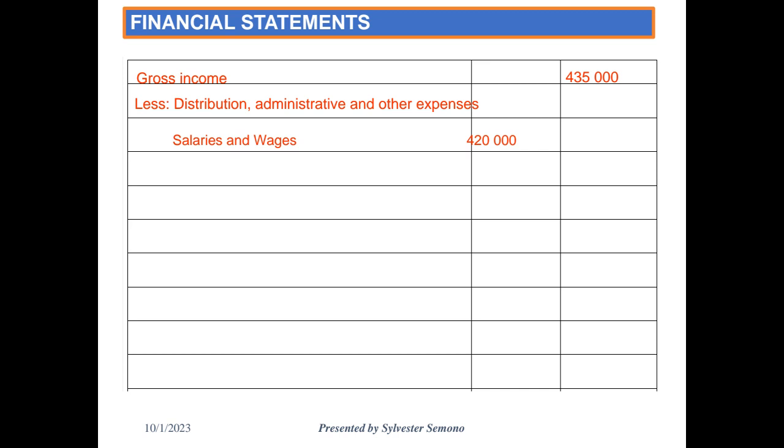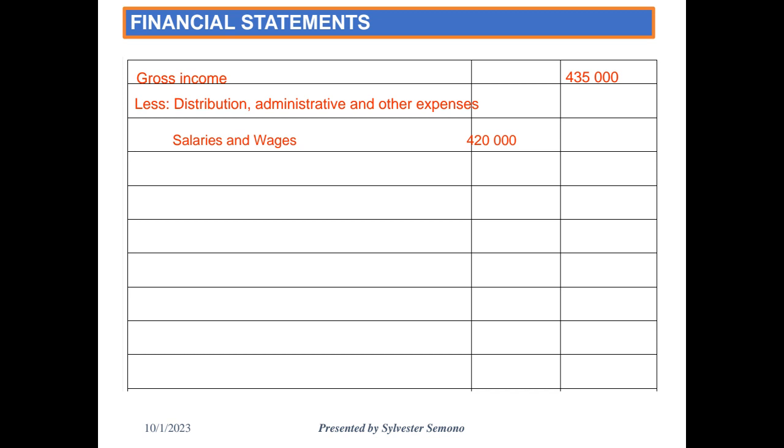I don't know how much it is. Carriage on sales is 33,000. Yes. Any adjustments? No, it's 14,000. Sorry, it's 14,000.